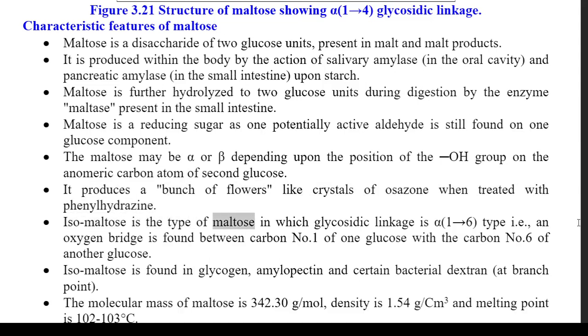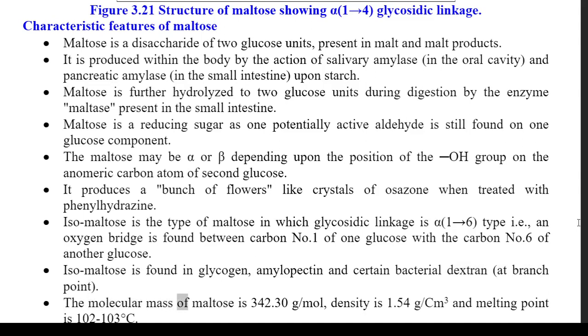Isomaltose is the type of maltose in which the glycosidic linkage is alpha 1→6 type, i.e., an oxygen bridge is found between carbon number 1 of one glucose and carbon number 6 of another glucose. Isomaltose is found in glycogen, amylopectin and certain bacterial dextrin, at branch points.